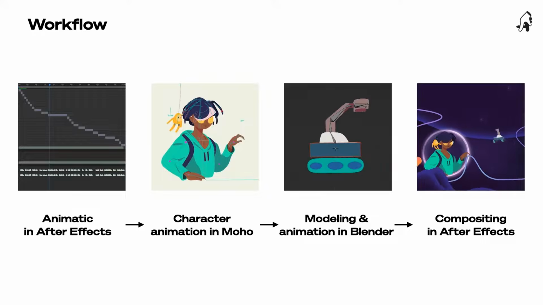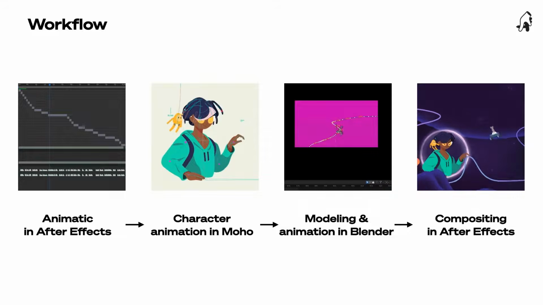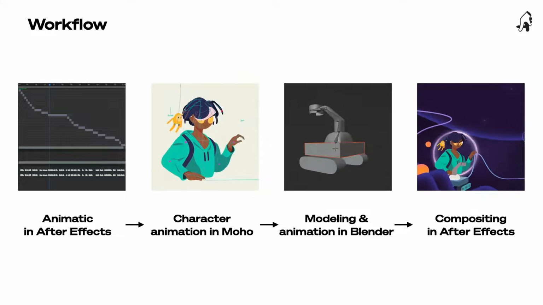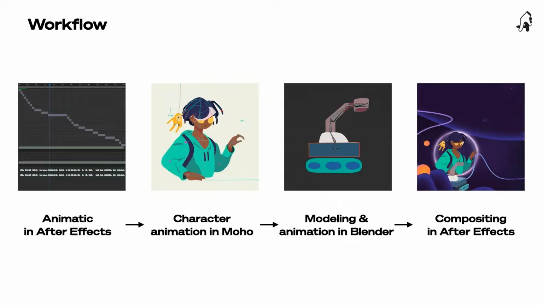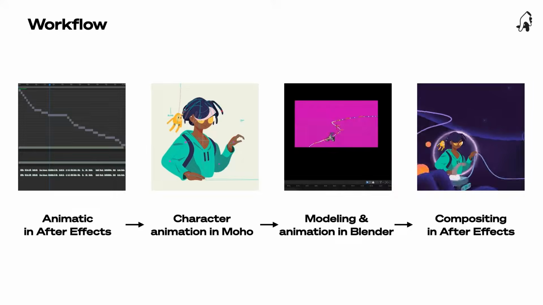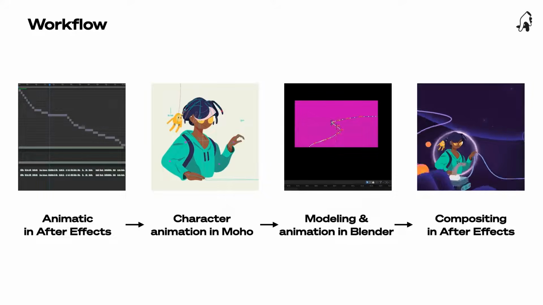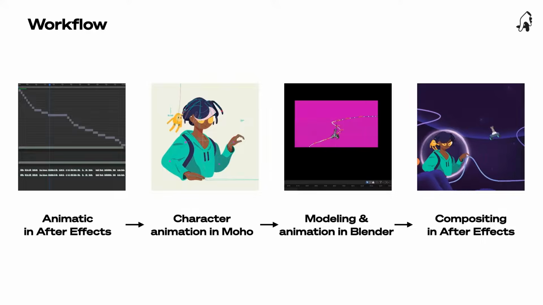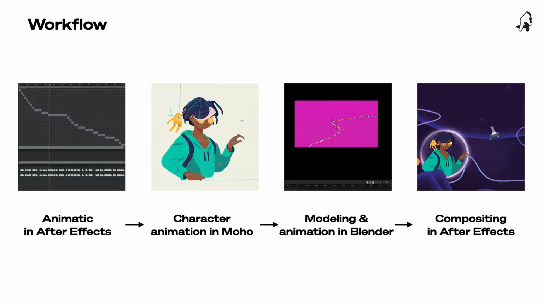we are creating other elements. In this example, we had to do something in Blender in 3D. Sometimes it's frame by frame technique, sometimes it's something else, but here we had to model and rig also a robot, and then animate it as it was on the reference.